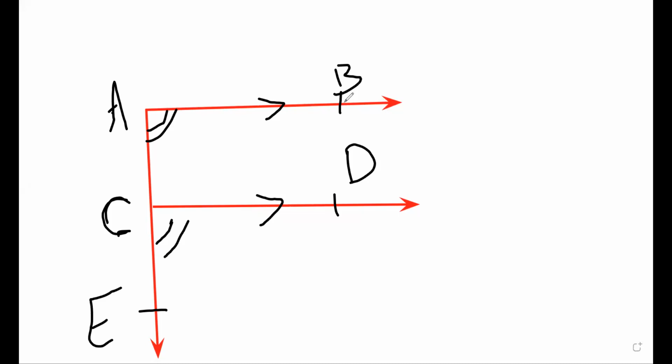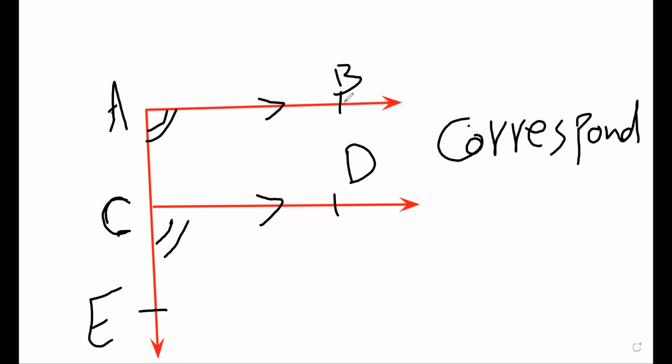Measure of angle A equals measure of angle DCE, and they called corresponding angles. Corresponding يعني ايه؟ متناظرتان. يبقى احنا معانا alternate angles they make letter Z، وبعدين corresponding angles they make letter F. وطبعا قلنا ال alternate angles وال corresponding angles are equal in measure.